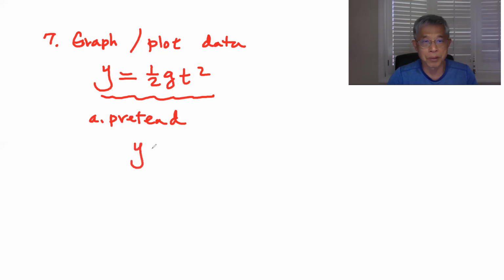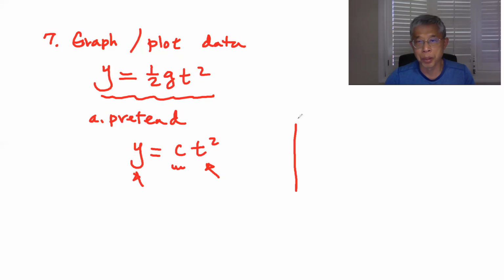So you may actually have something like a C T squared, for example. So you measure the time, you measure this height, and then you can go and figure out. So how do you do this? So what I would do is I would plot something like y here, and then I'll plot t squared here, right? Remember it's t squared. And then this will be the slope, right?